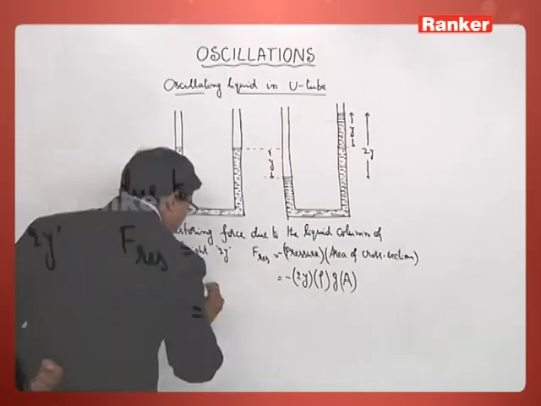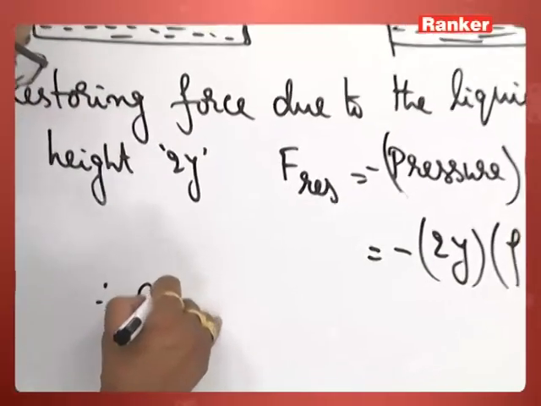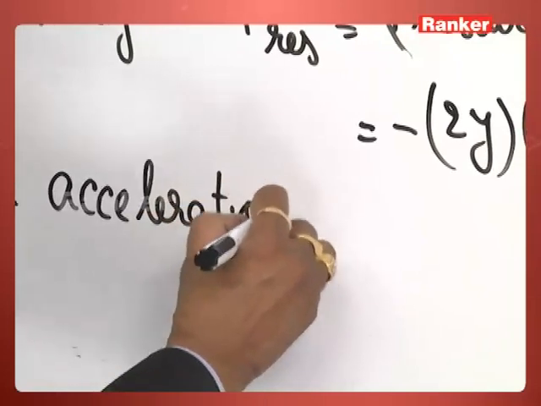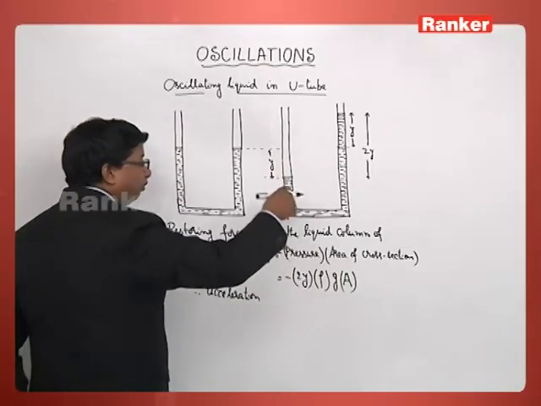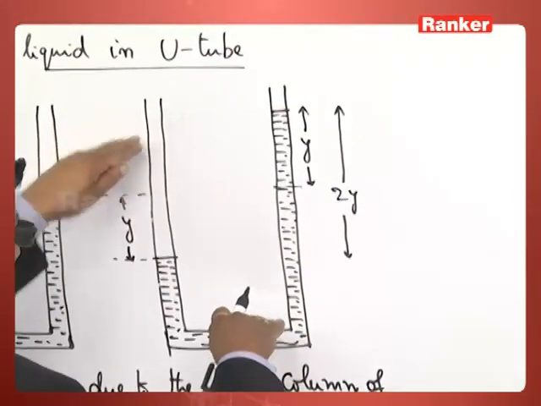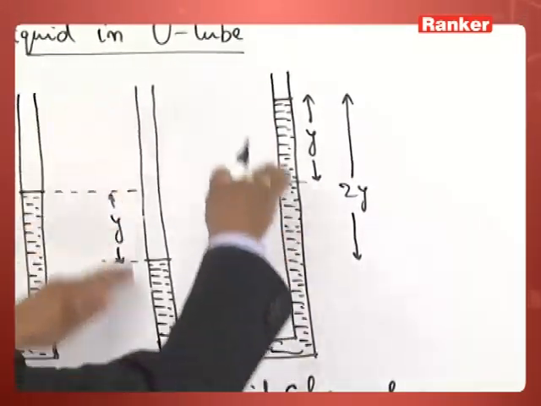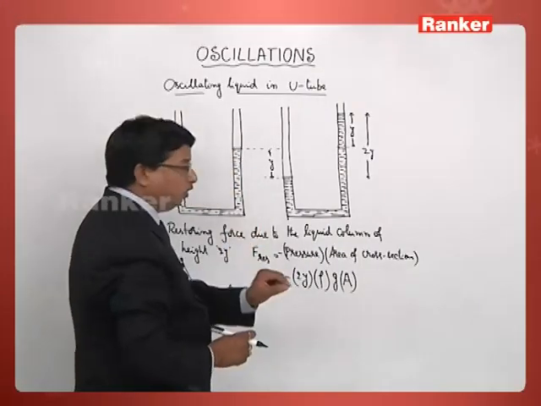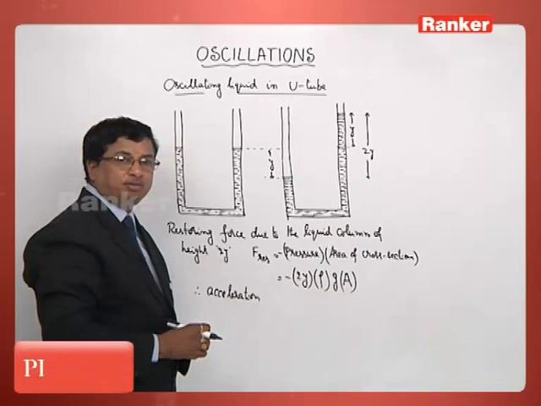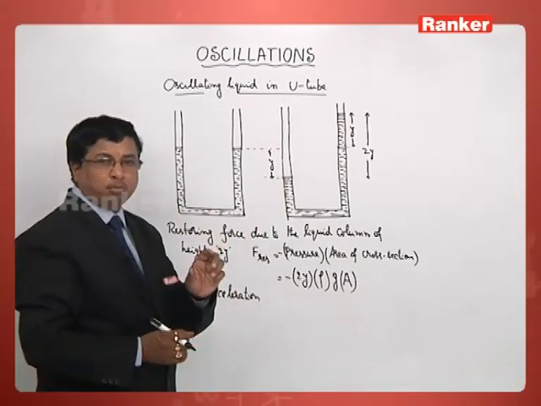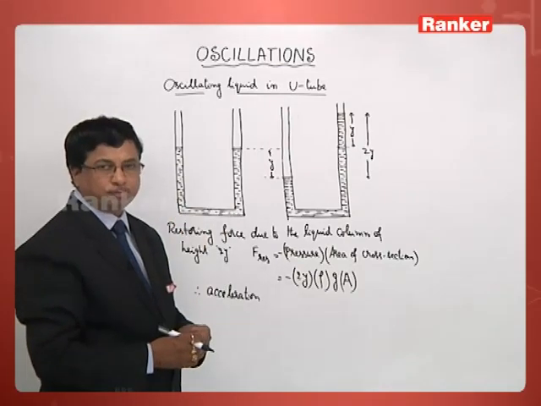When this is the restoring force, what would be the corresponding acceleration of that oscillating liquid? What happens in this case? This level comes down, this goes up, this comes down, this goes up. Continuously the liquid oscillates to and fro about the mean position of rest, which can be taken as simple harmonic oscillation.